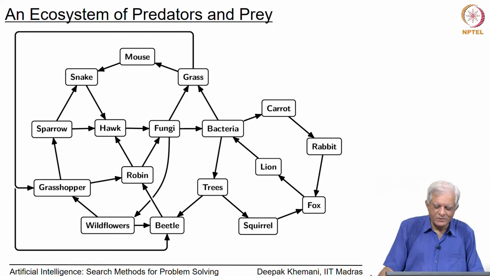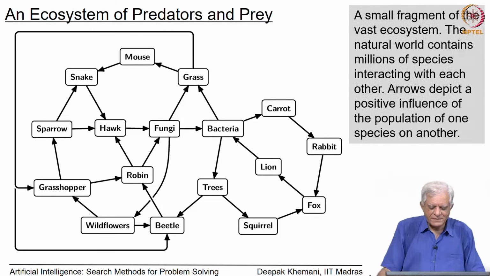This is a slightly neater version of the same diagram, thanks to Bhaskaran, and what this depicts is a small fragment of the ecosystem, where the different species which are interdependent survive together, and the whole ecosystem thrives essentially. So, the arrows here depict influence on population.